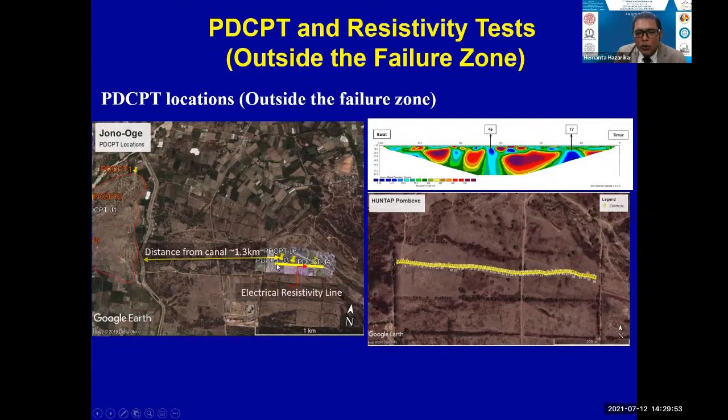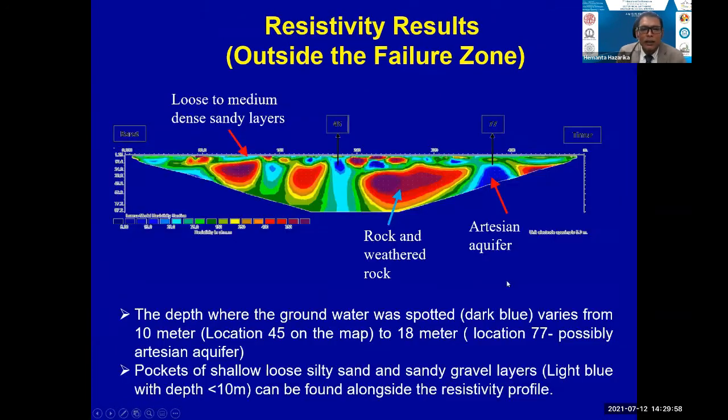So we also conducted some PDCPT survey there, and we found these results. You can see that the red areas are the resistivity in ohm. In the rock and weathered rock, the blue one, we could see the existence of an artesian aquifer, and the light blue represents loose sand and sandy granite.